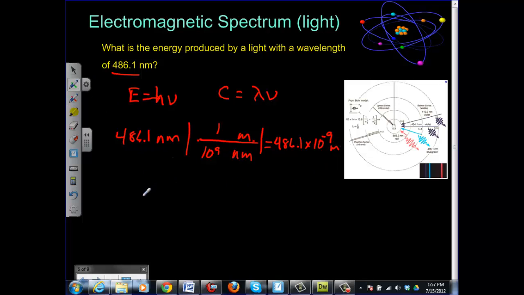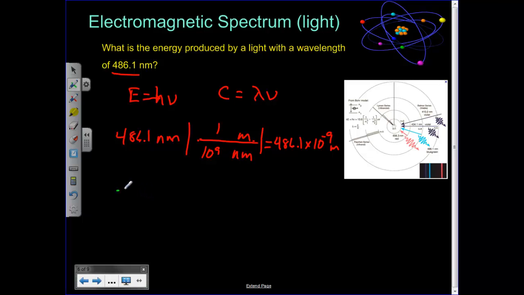Now we need to convert from meters into frequency. So we have our speed of light, 3.00 times 10 to the 8th meters per second, is equal to our wavelength, and I'm going to convert this real quick into proper scientific notation, 4.861 times 10 to the minus 7th meters, times the frequency.